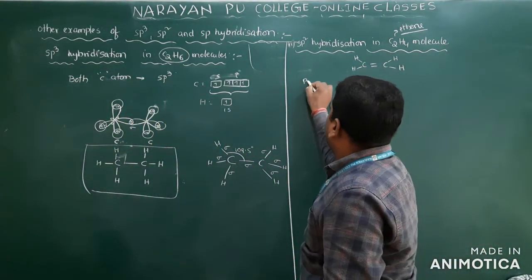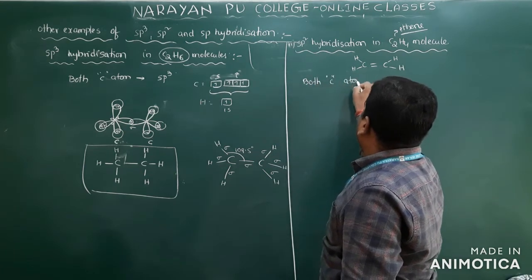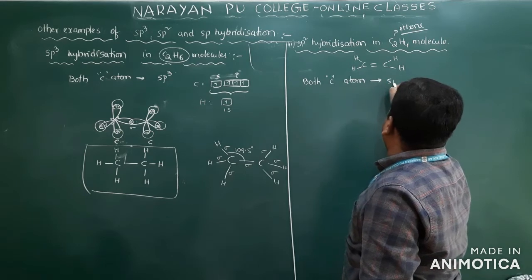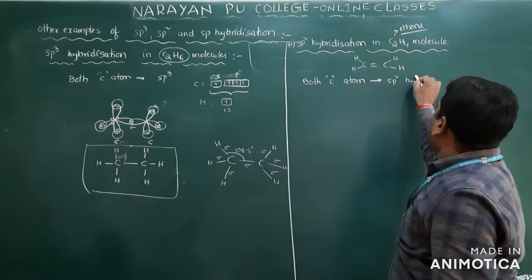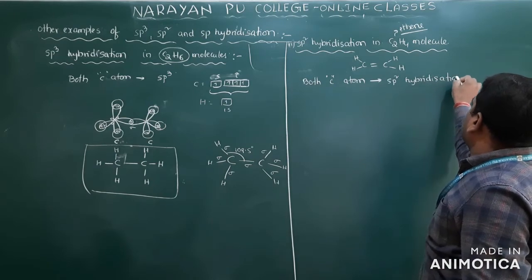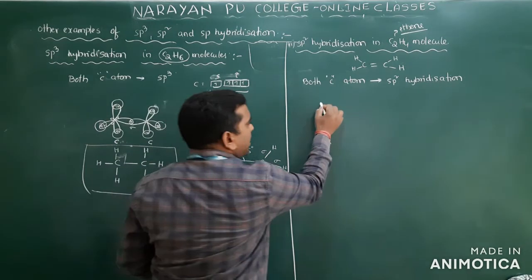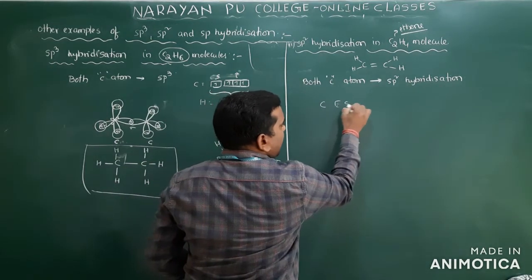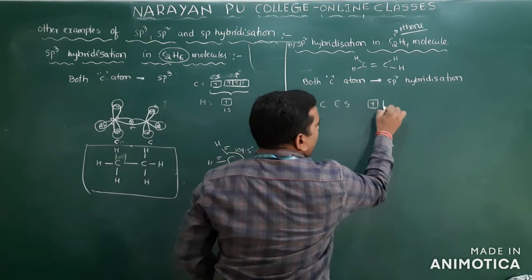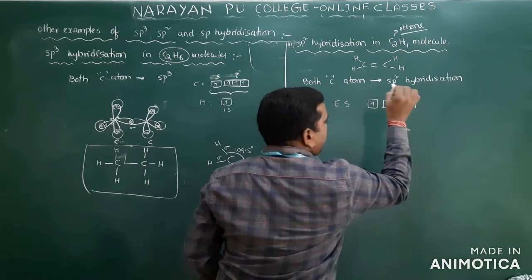Both carbon atoms undergo which hybridization? sp2 hybridization. Clear? Why sp2 hybridization? Because, you know, in the carbon excited state electronic configuration, 3 electrons are there here.